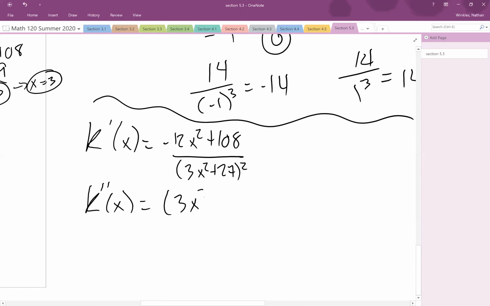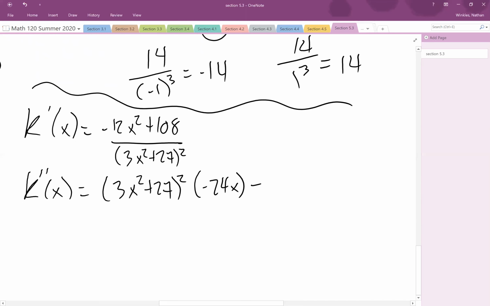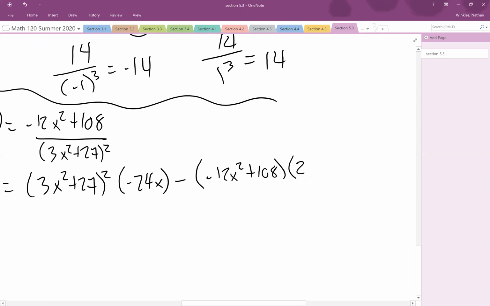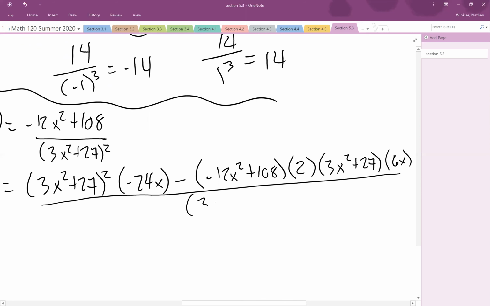So low, 3x squared plus 27 all squared times negative 24x, minus negative 12x squared plus 108 times 2 times 3x squared plus 27 times 6x, all divided by 3x squared plus 27 all squared, squared. See how this can get ugly really quickly.